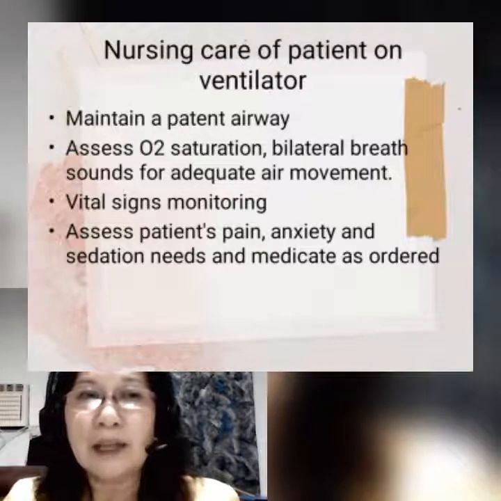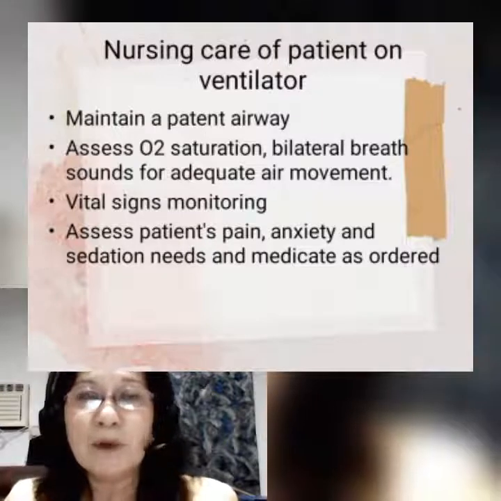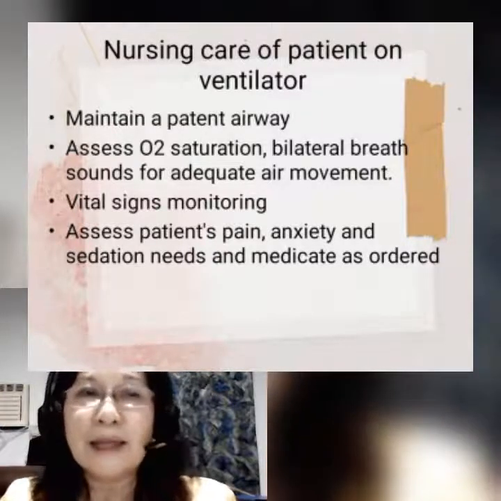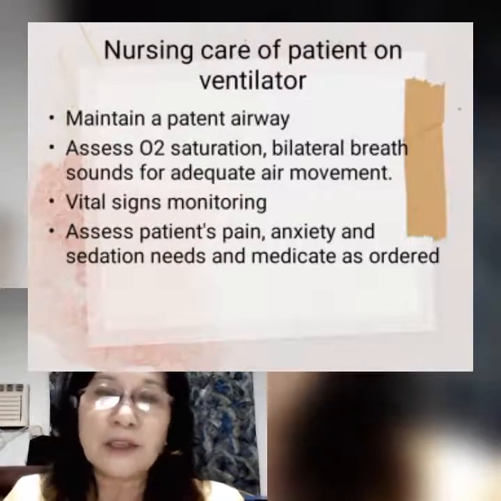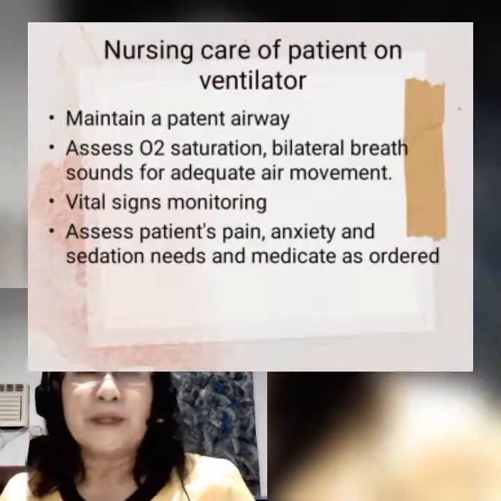It's either on the fingers of the patient, on the earlobes, or on the feet. But the most accurate site for the pulse oximeter is the right middle finger of the patient. Now, the O2 saturation ranges from 95 to 100%.